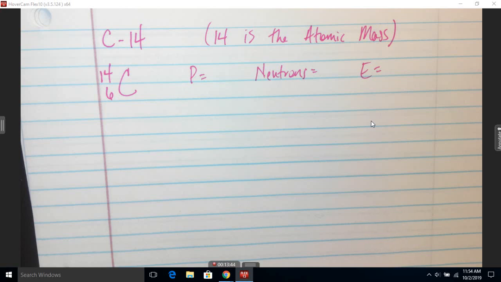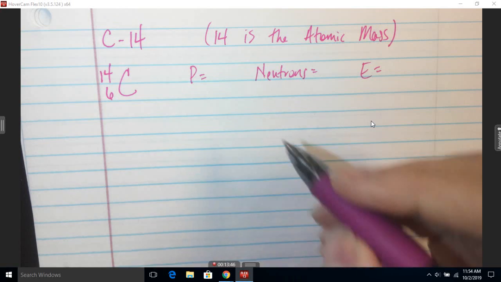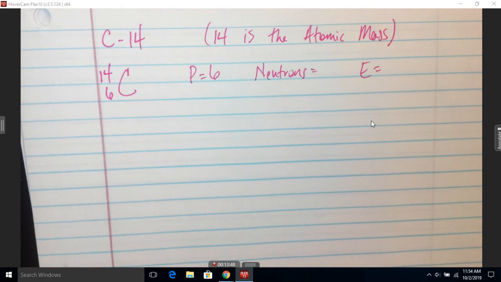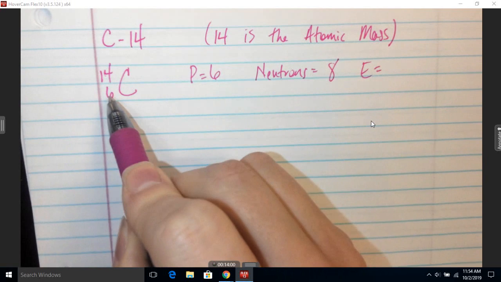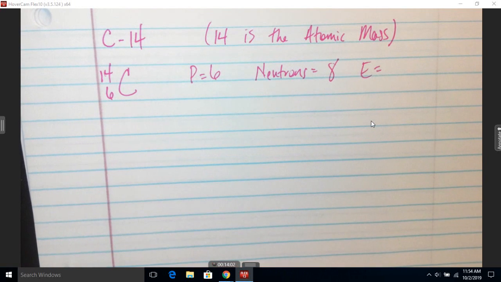How many protons does it have? 6. If you're lost, you better speak up. How many neutrons does it have? 8. 14 minus 6 is 8. The mass minus the number. Oh, you were one off, yeah. Electrons?